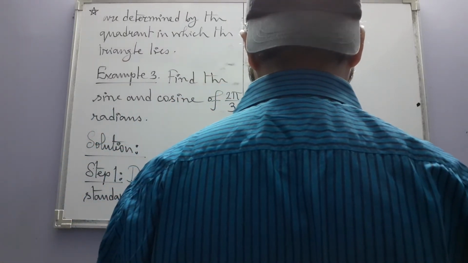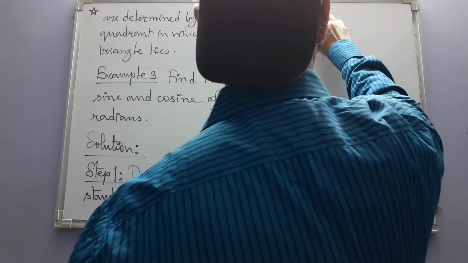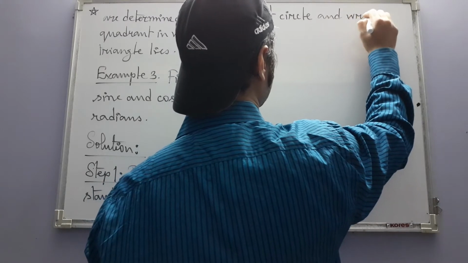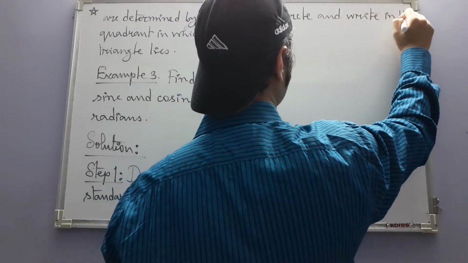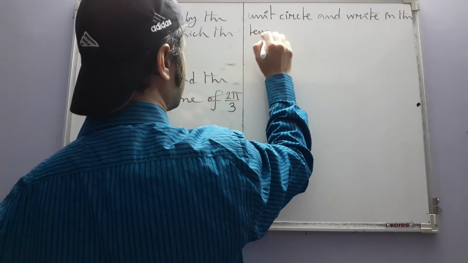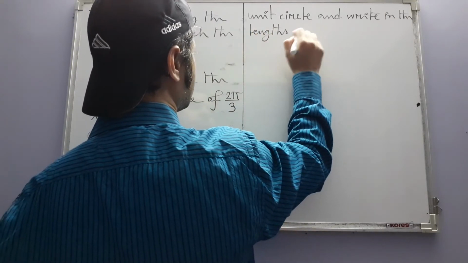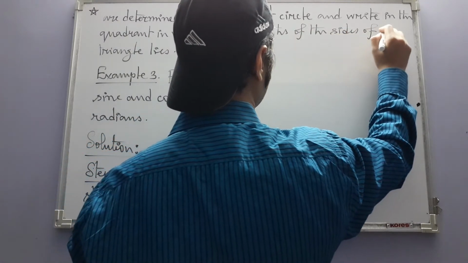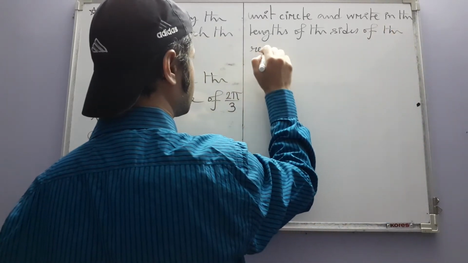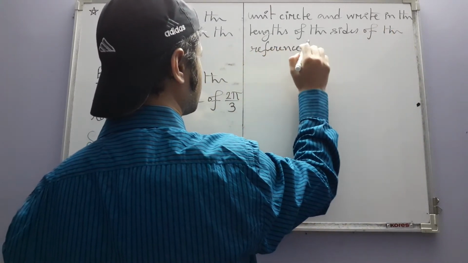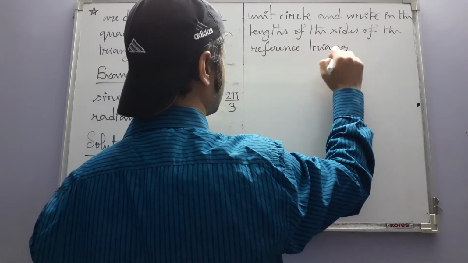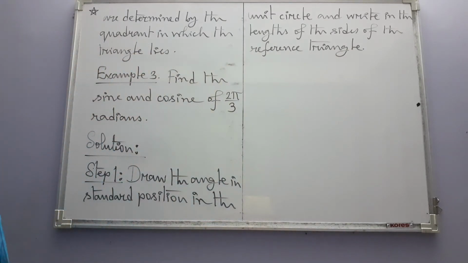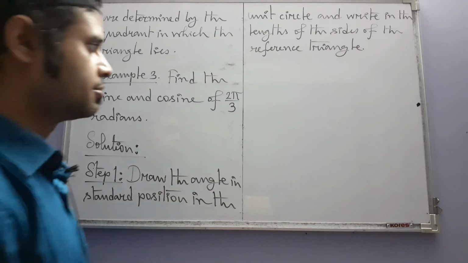And write in the lengths of the sides of the reference triangle. So our figure will roughly look like this.